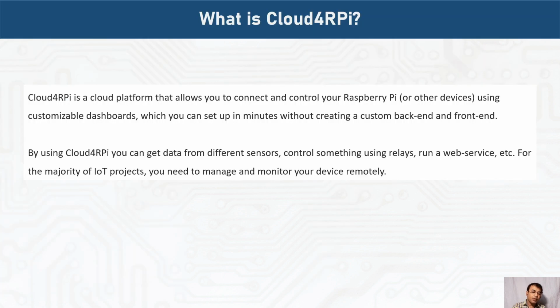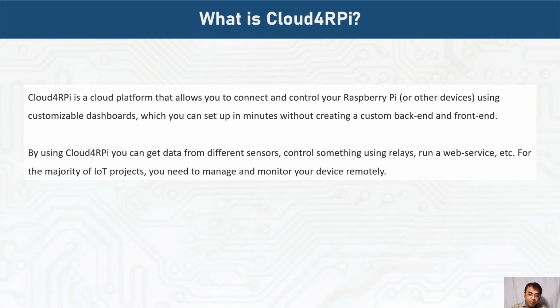What is Cloud4Rpi? Cloud4Rpi is a cloud platform that allows you to connect and control your Raspberry Pi or maybe other devices using customizable dashboards which you can set up in minutes without creating a custom backend and front end.